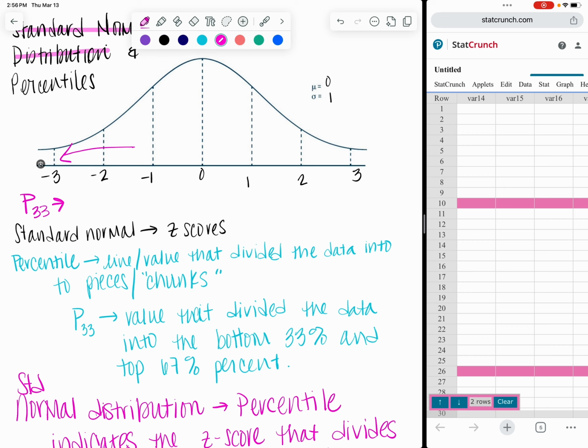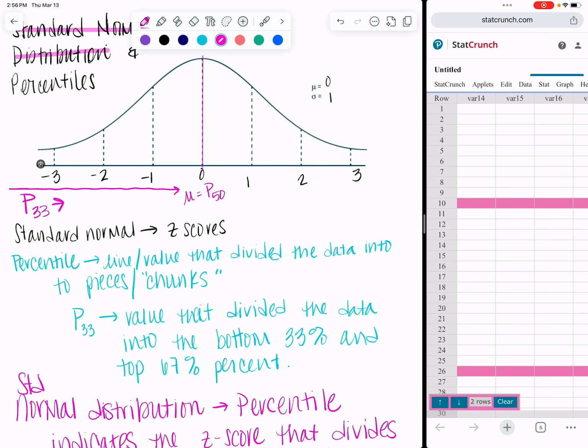I'm going to estimate where I think that is. I know that the average is right in the middle. So the average is going to split the area into two pieces with 50% of the area on both sides. Now, when we talk about percentiles, we generally think of filling the area from left to right.